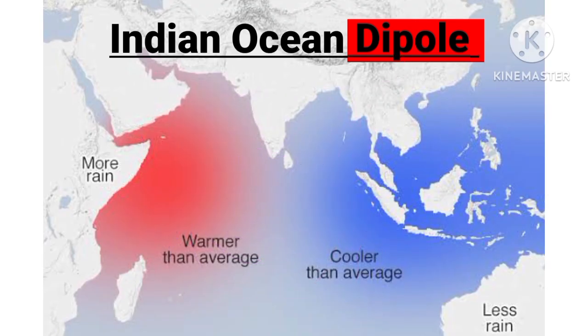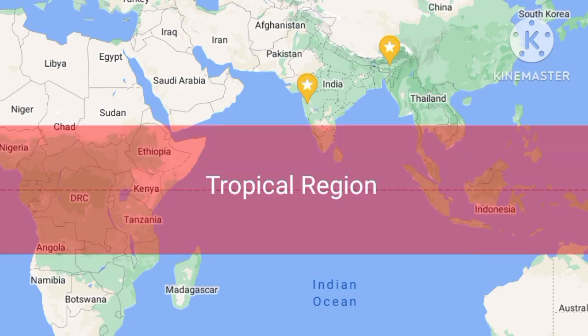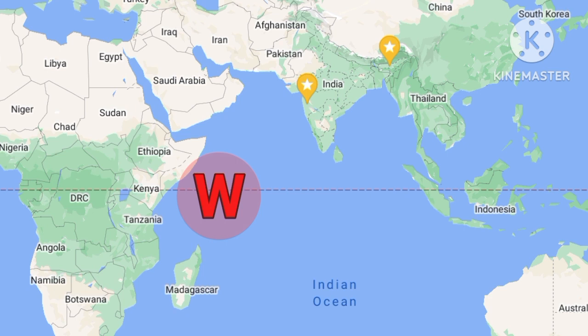When you look at the term Indian Ocean Dipole, it means there have to be two sides in the Indian Ocean with respect to sea surface temperatures. The Indian Ocean lies in the tropical region. This is the western side and this is the eastern side. There is an irregular shift of sea temperature from the western side to the eastern side of the Indian Ocean and vice versa.